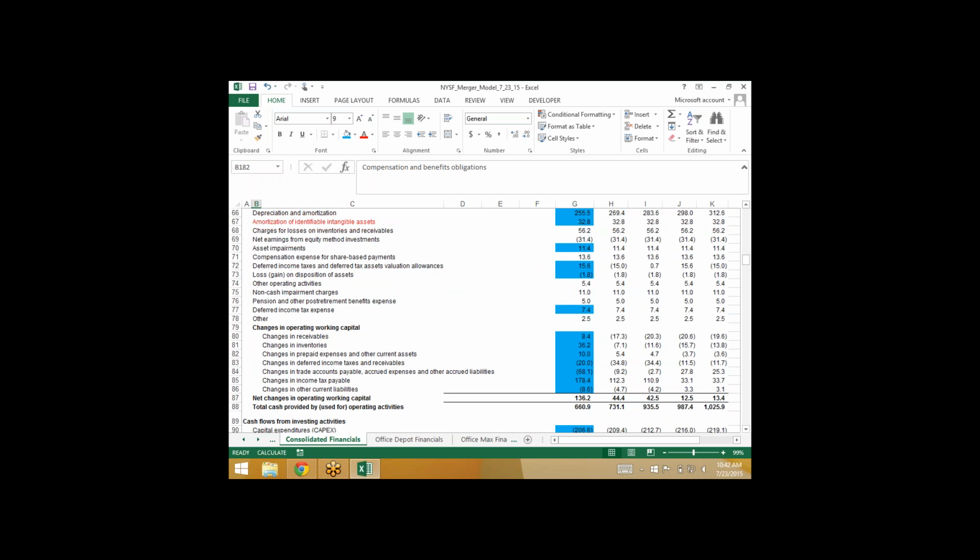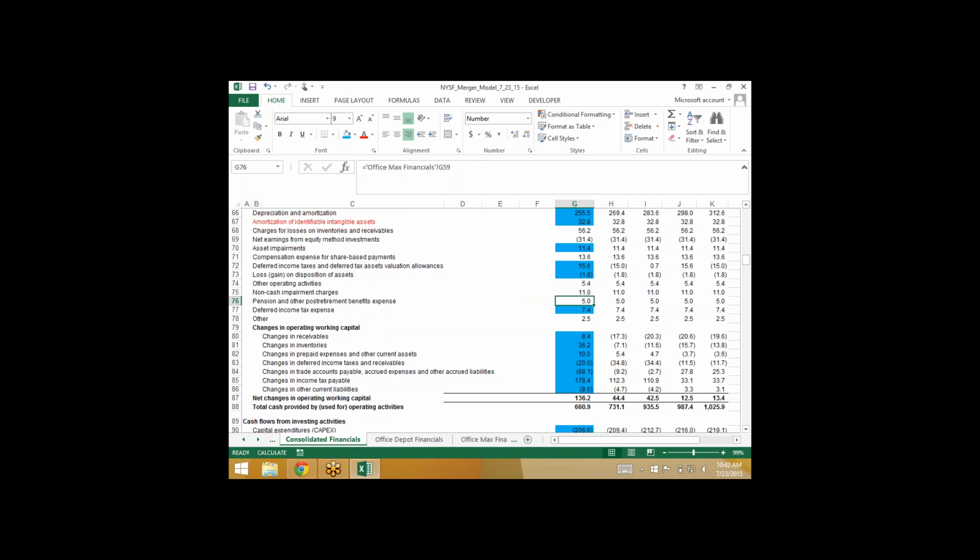Compensation expense, right there, it goes right in there, right? Compensation. There was another one that was talking about benefit obligations. Pension and post-retirement benefits would go in there, right? So those two line items we'd link in there.